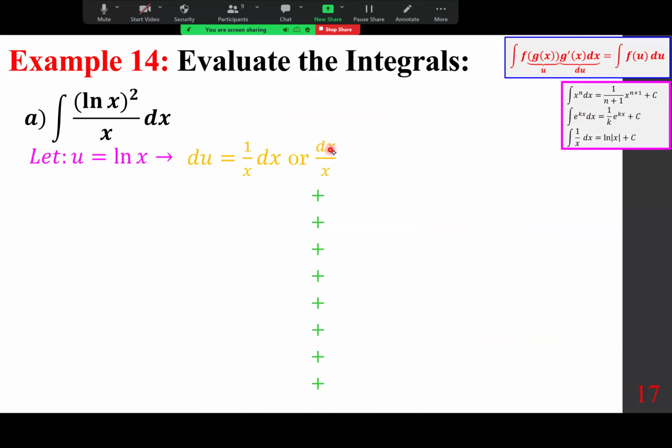To make sure we are in good shape, we're going to rewrite this so that it becomes obvious what we have. We have ln x to the second power, and we have 1 over x dx. This is u squared, and this is du.